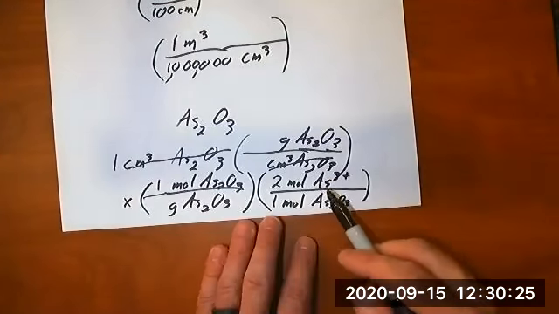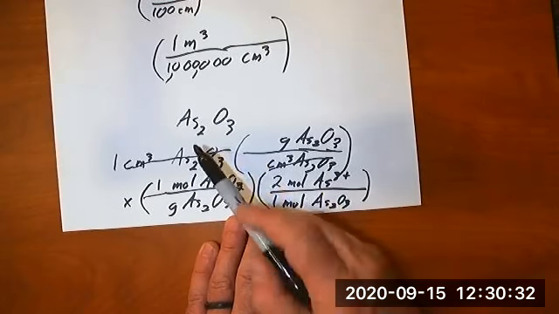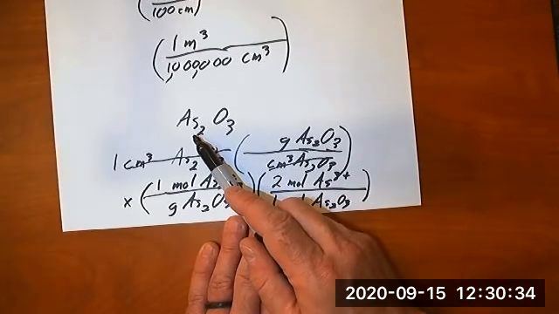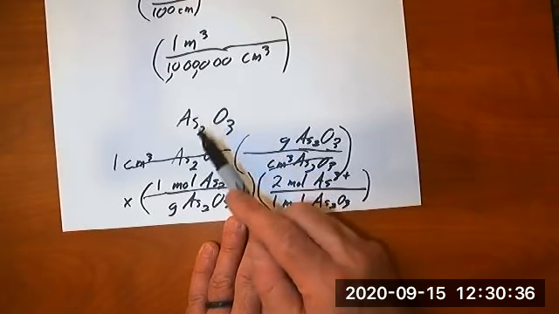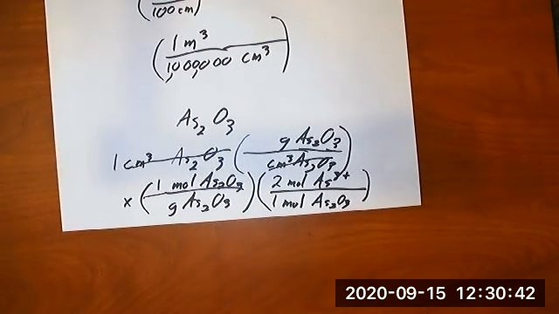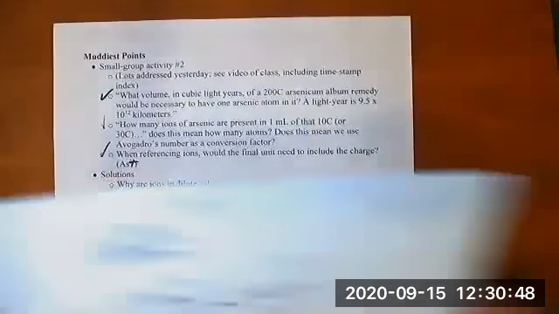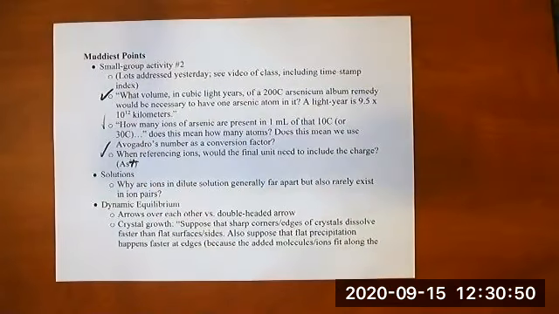So that is the point where you take into account that there are 2 ions of arsenic per formula unit. Does that make some sense? Okay. Any other clarifying questions on the small group activity number 2 before we move on to other topics?